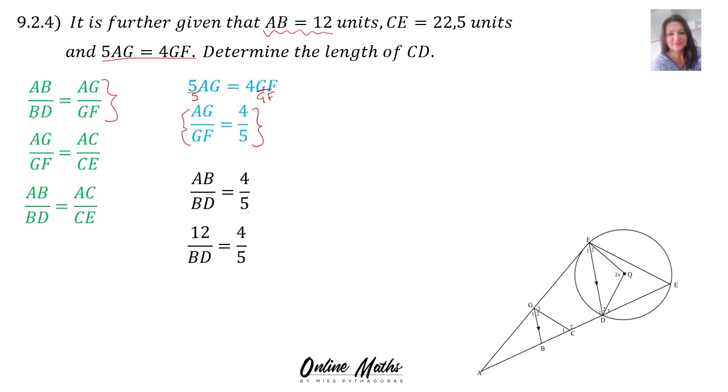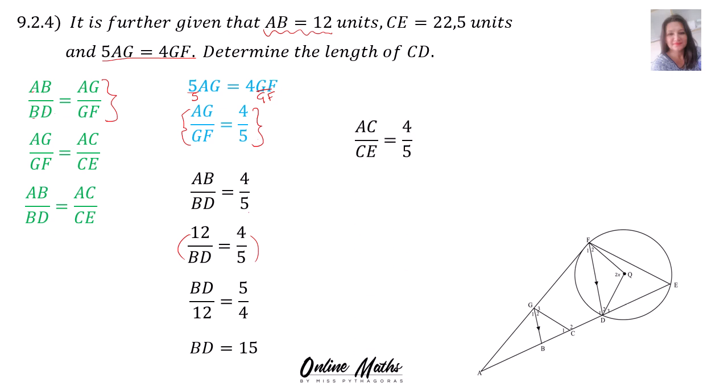So 12 over BD is equal to 4 over 5. Then let's solve BD. Let's swap those two around so that BD is the numerator on top. BD over 12 is equal to 5 over 4. And we solve BD and we end with 15.